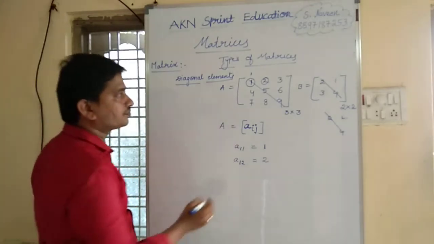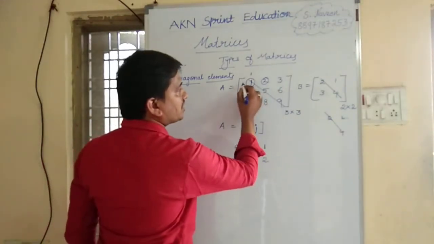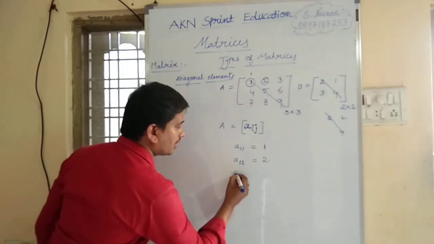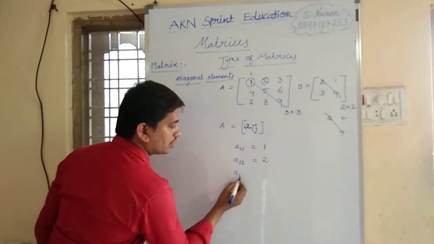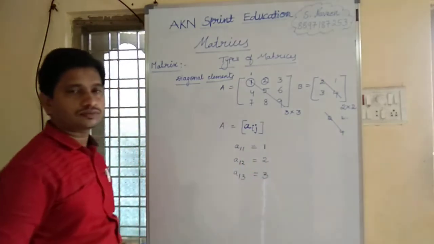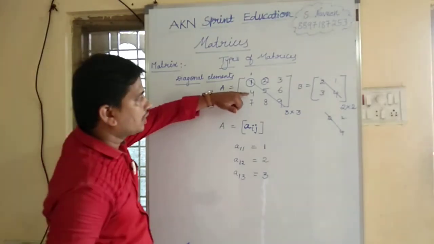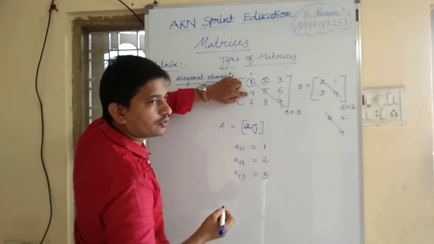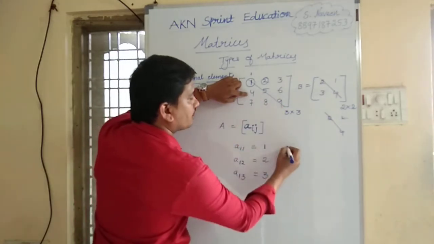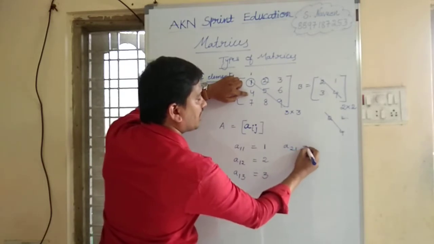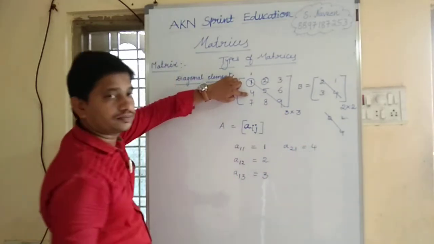Now element 3 is in the first row, third column. So A13 is equal to 3. Now what is the position of element 4? It is in the second row and first column. So A21 is equal to 4, children.